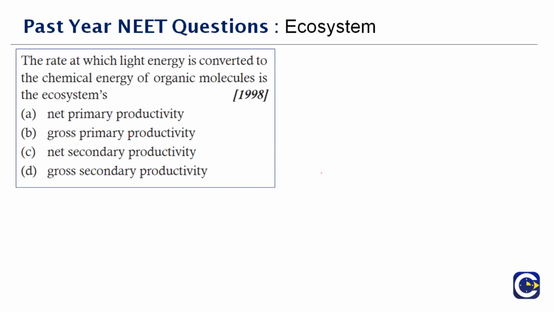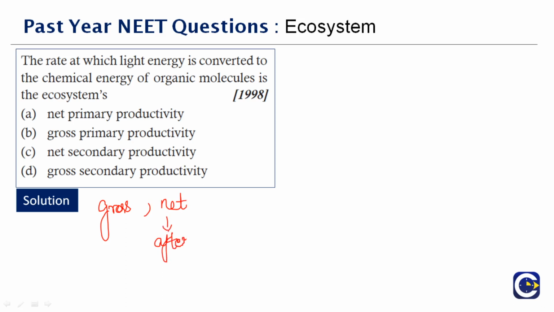Next question. The rate at which the light energy is converted into chemical energy of organic molecules in the ecosystem is dash. Here I already told you the difference between gross and net. Net is after deduction, while gross is before deduction, right?